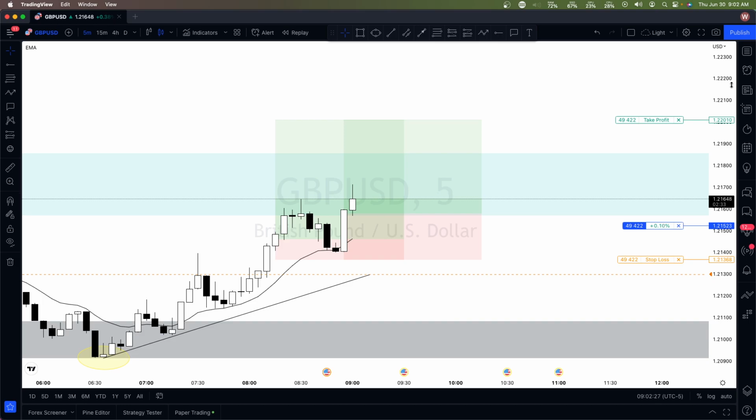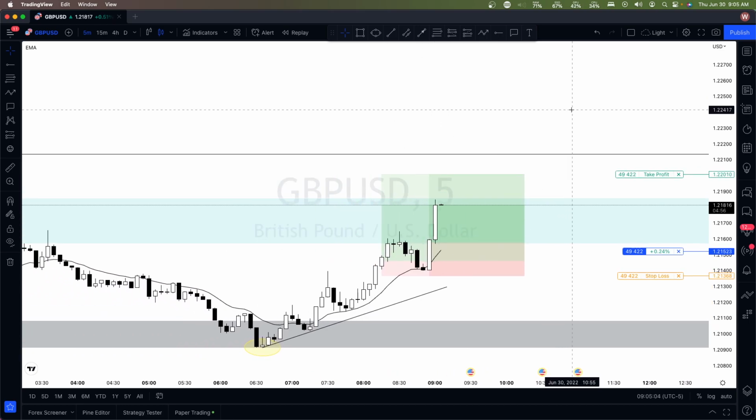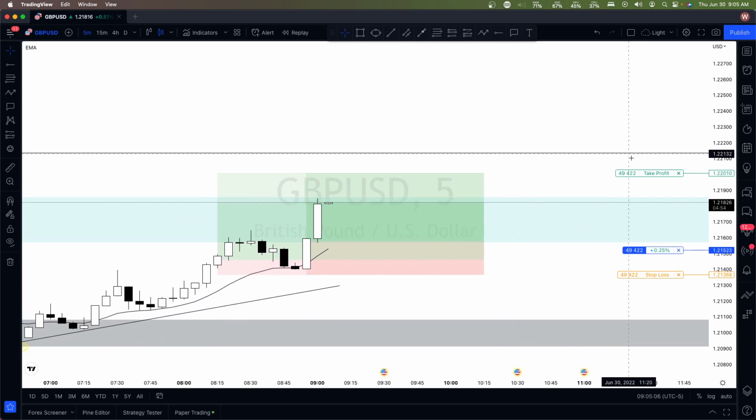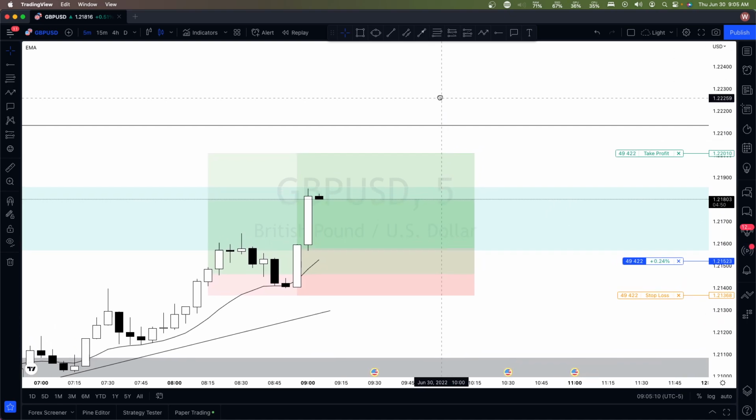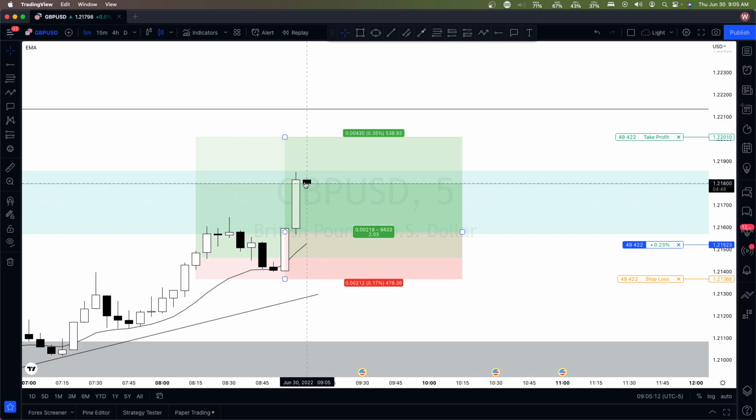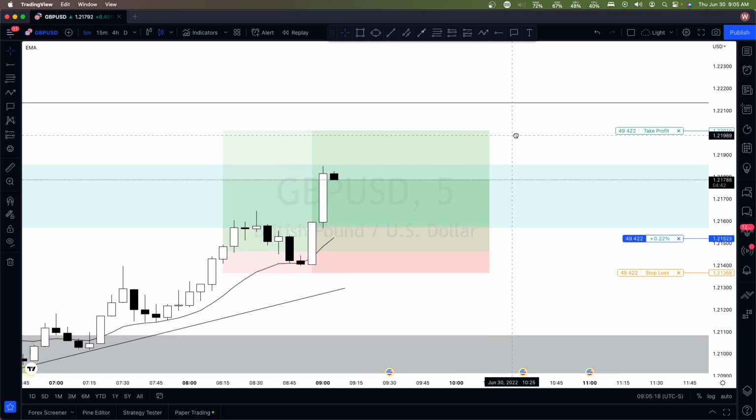But we're going to hold and we will come back when we have some movement. All right, so we have some movement. We are in profit and we just barely missed the top of this area right here.